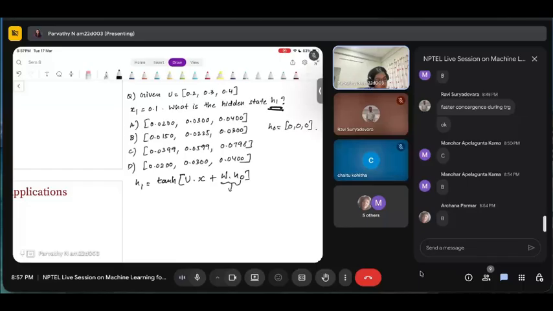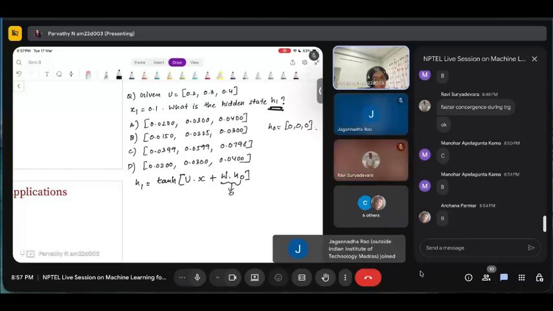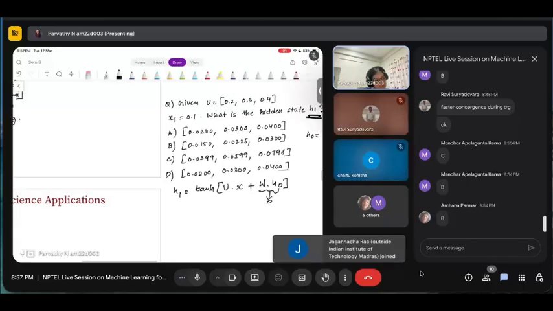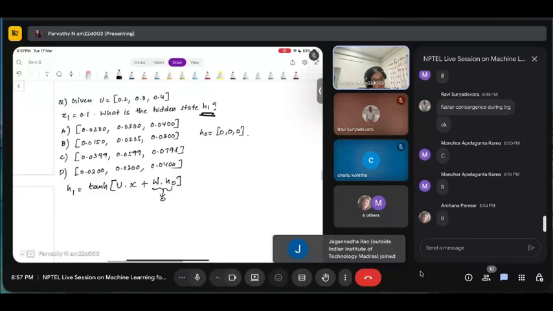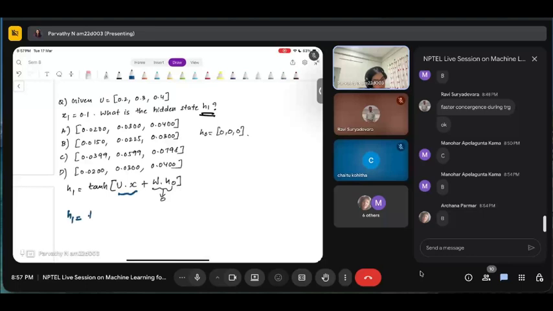This is 0, so you have only this part. So h1 is tanh of ux, and x1 is given to be 0.1. So you have to tell what is h1.